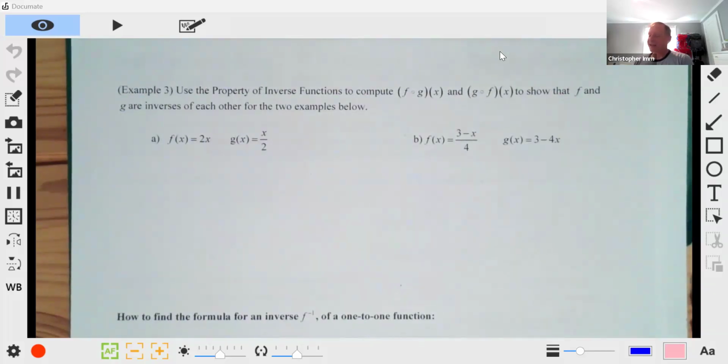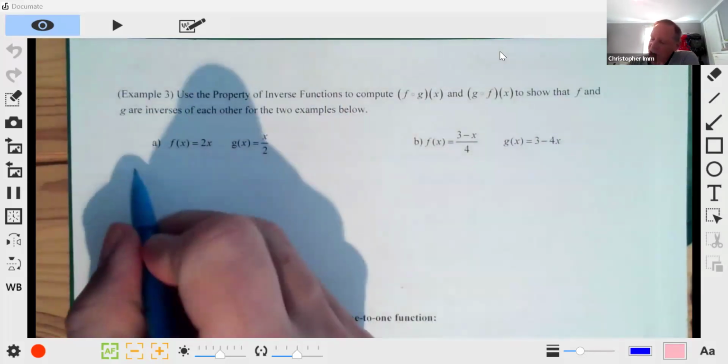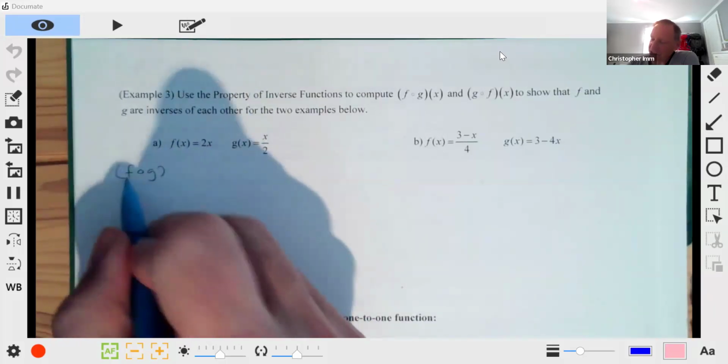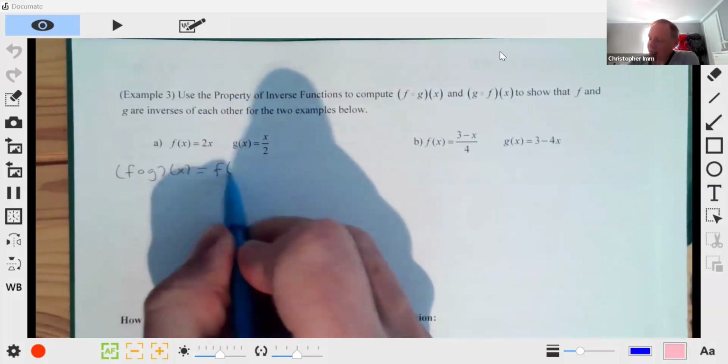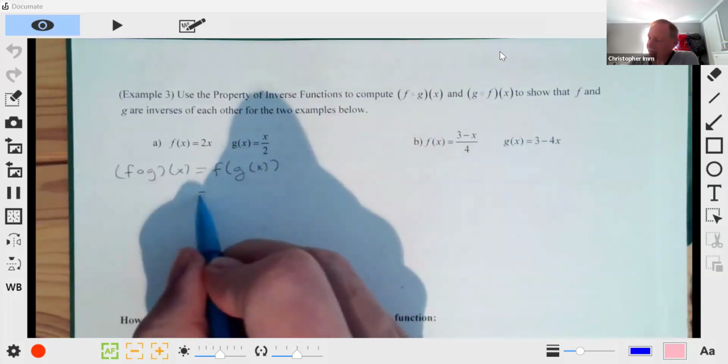So in both cases, A and B here, we have functions that are inverses of each other. Again, we don't know how we found them, but they're there. So to show that these are inverses, we are going to take f and compose it with g. We remember how to do that. The first thing I taught you to do was to rewrite it as f of g of x.